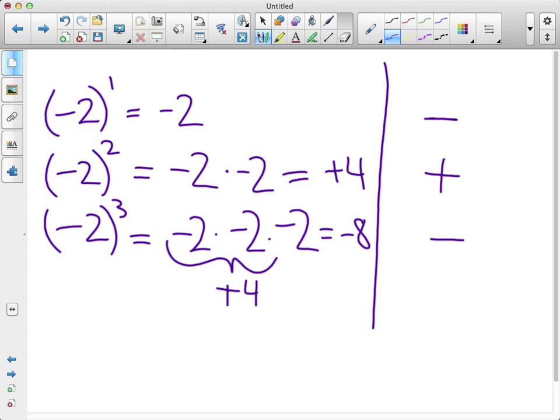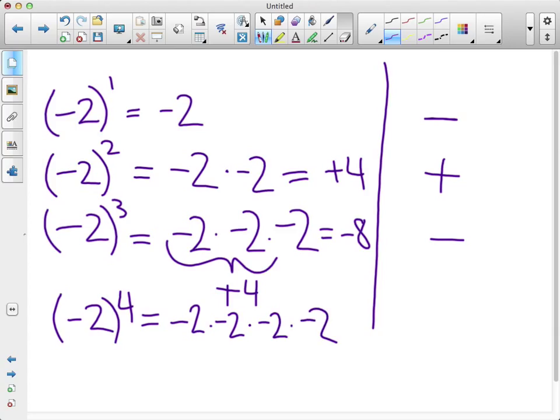So let's try it again with the fourth power. I'm going to have negative 2 to the fourth power. If I list out negative 2 times negative 2 times negative 2 times negative 2, the first 2 will yield me a positive result, in this case positive 4.